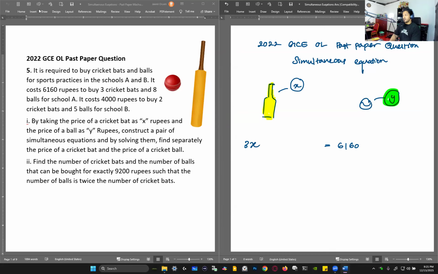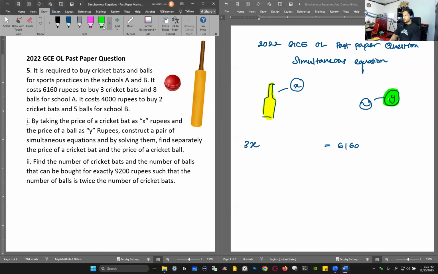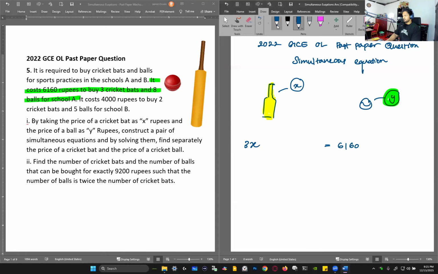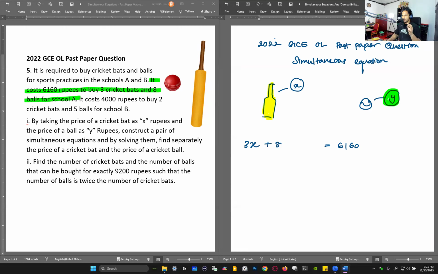I will highlight this part for you guys. It costs 6160 rupees to buy 3 cricket bats and 8 balls for school A. So for 8 balls, we're going to write 8y. If you write ball, fine. But in the question, they have asked you to take the price of a ball as y.